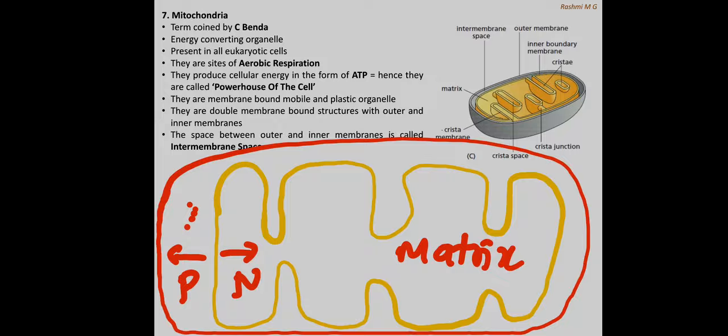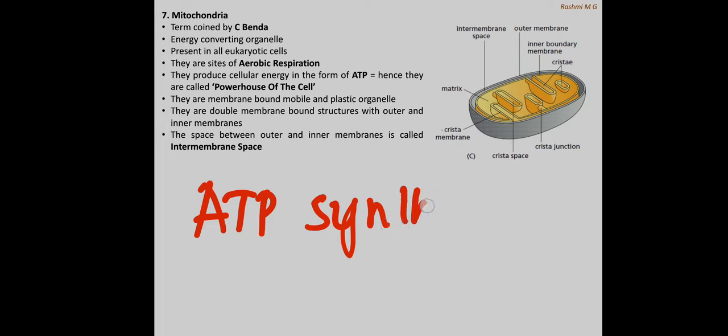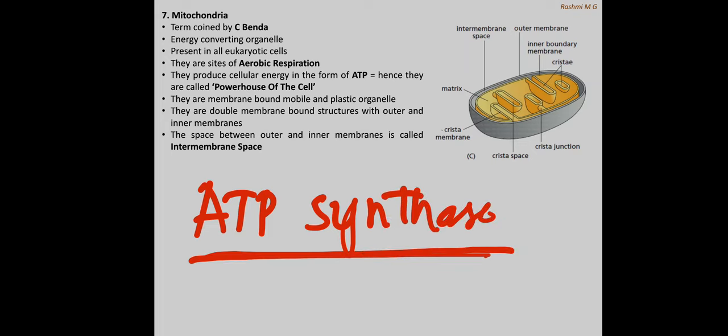The inner membrane contains an enzyme complex, that is ATP synthase. ATP synthase is the most important enzyme complex through which ATP synthesis happens inside the mitochondria.